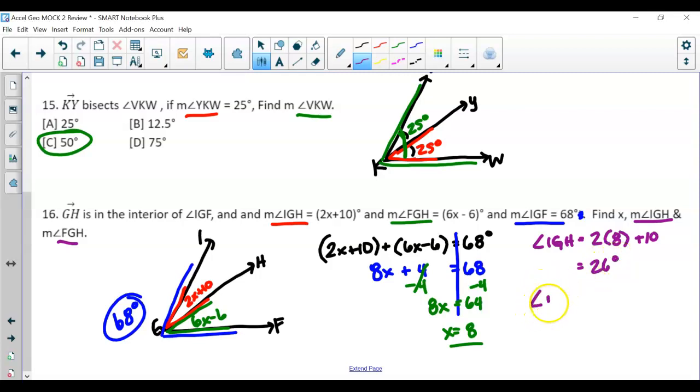Then angle FGH was 6 times x minus 6. Well, x was 8, so that's how you get 42 degrees. Now notice, what do the two angles add up to? The 68 degrees. So I know I've got my correct answer here as well.